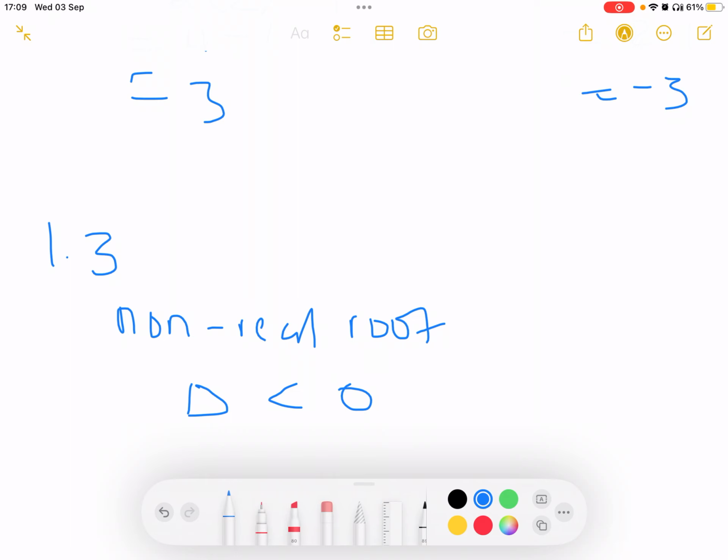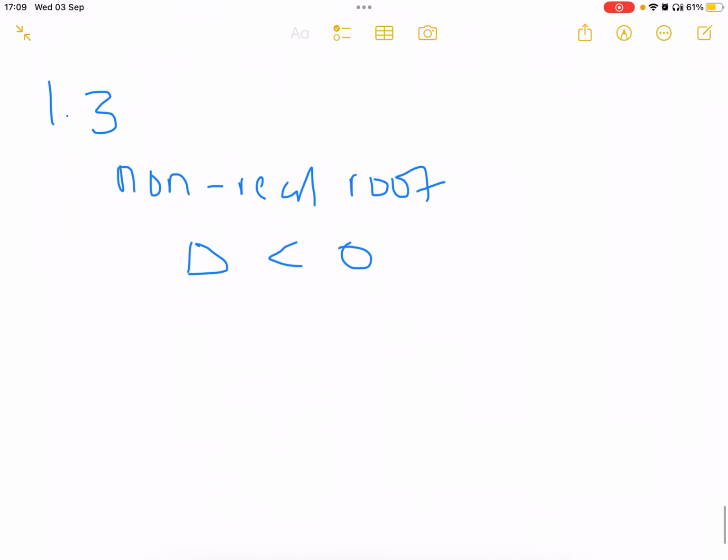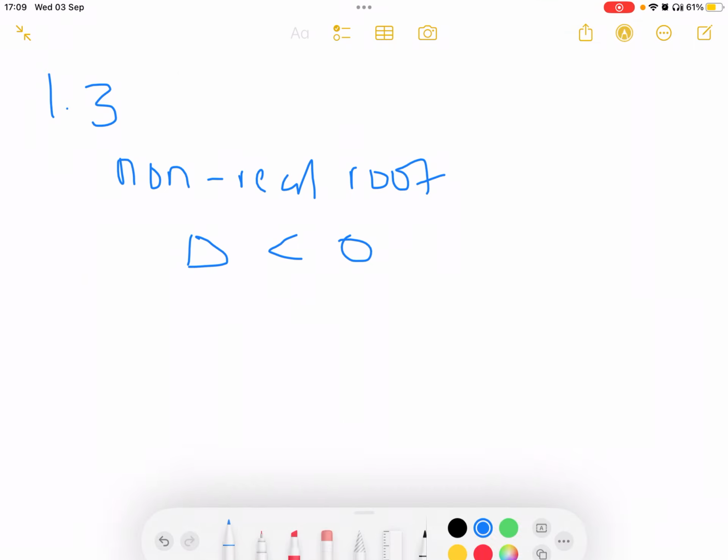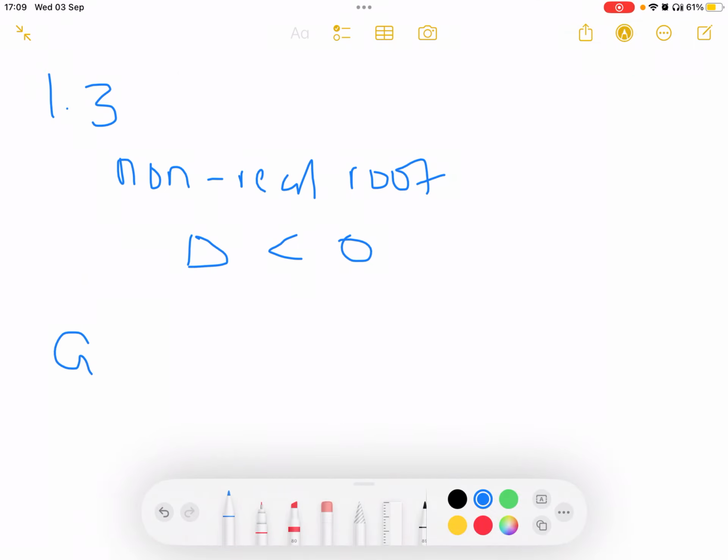And our equation here looks a bit more complicated, if I can call it that. It's a squared x squared plus abx plus b squared equals 0.